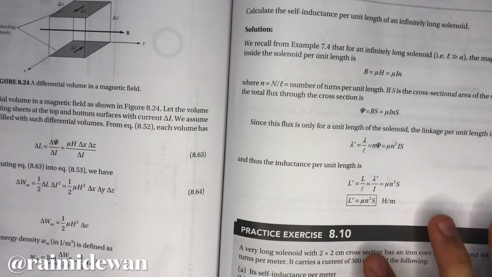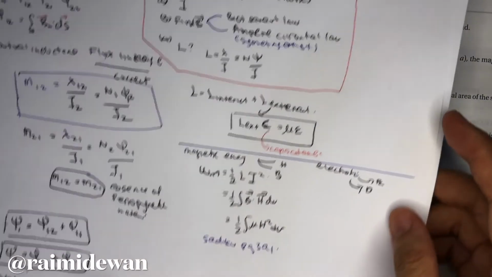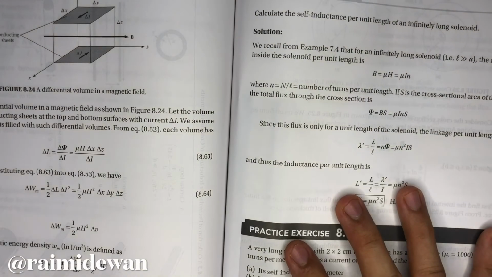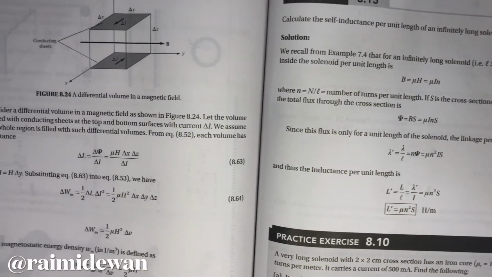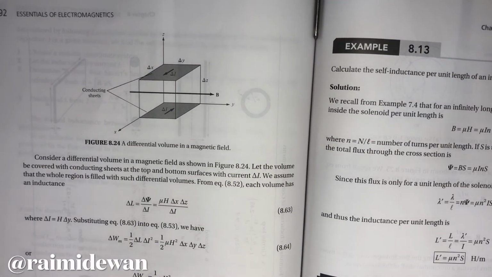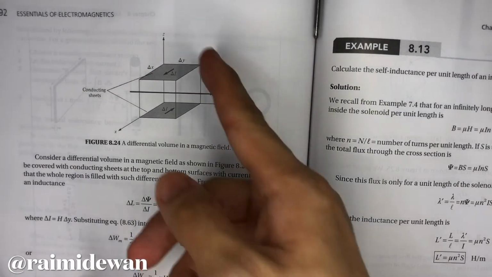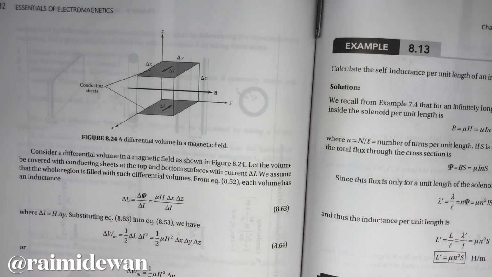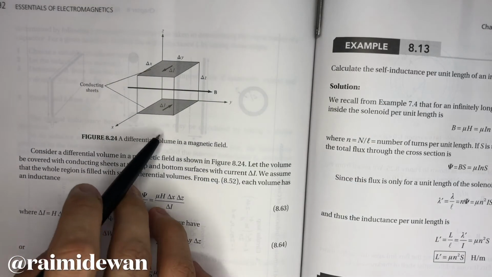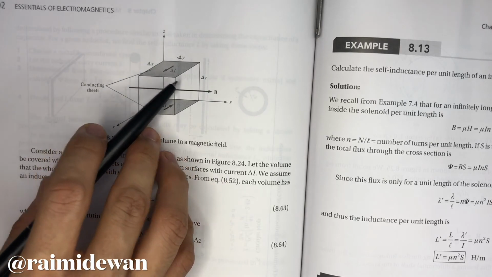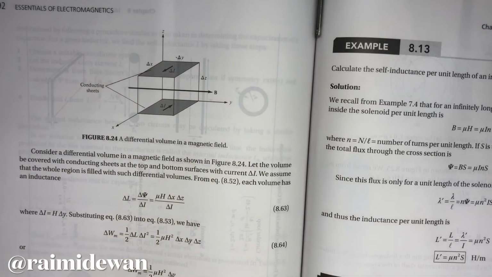Because it is about V, you can see it's about dV, which is the differential volume. For example, in this conducting sheet, it is certainly Cartesian coordinates, right? Because it's differential volume, we have differential of x, differential of y, and differential of z.